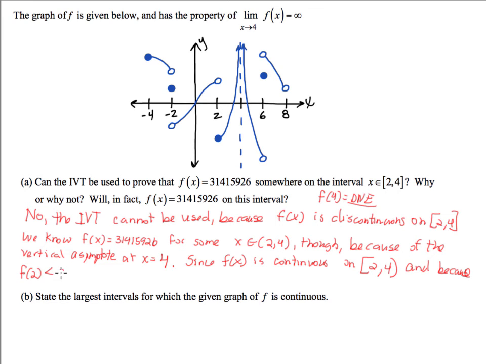And we take, say, f of 2, which is less than 3.1415926, and I know the limit as x goes to 4 of this function is equal to positive infinity. Somewhere in there, I must hit the exact number 3.1415926.